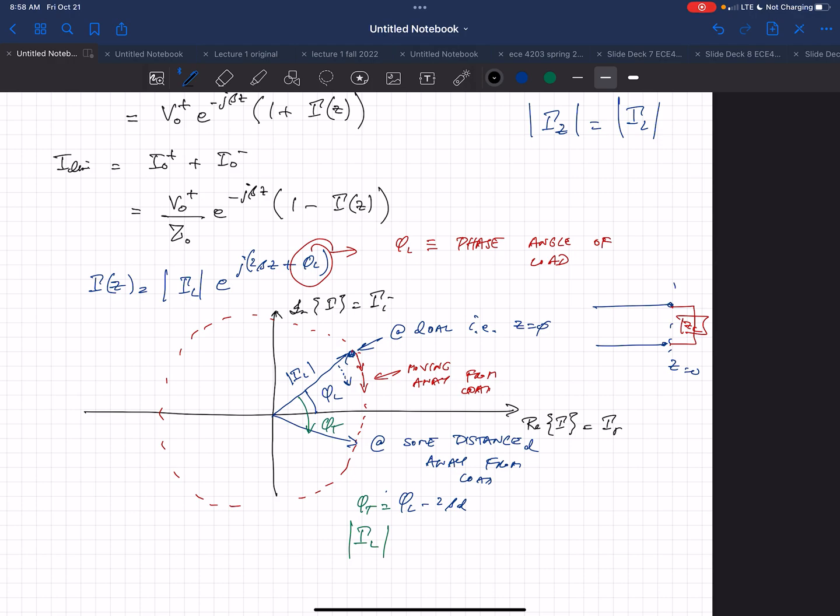It's going to have the same magnitude, but its phase is going to change as we walk away, and it's going to be going in these circles. That's why, if you had a short circuit at the end, you go from short circuit to open circuit, back to short circuit, and everything in between, all the impedances in between on the line.